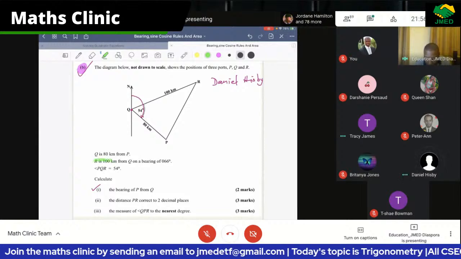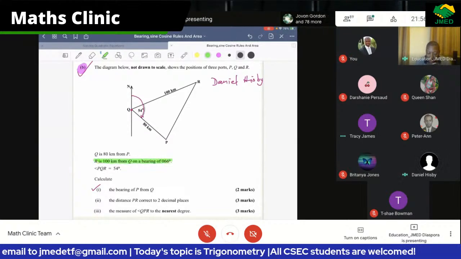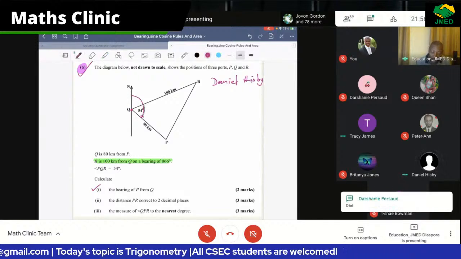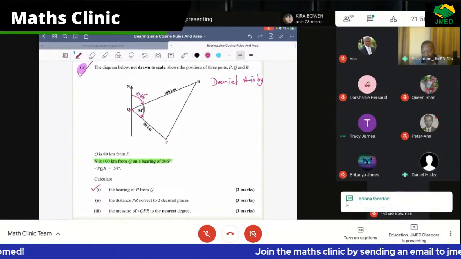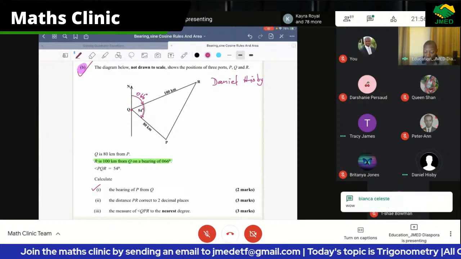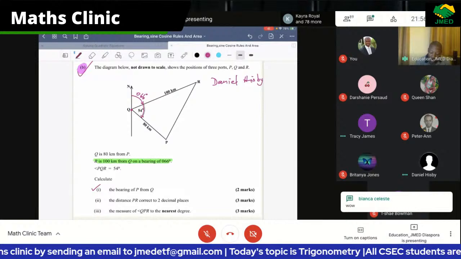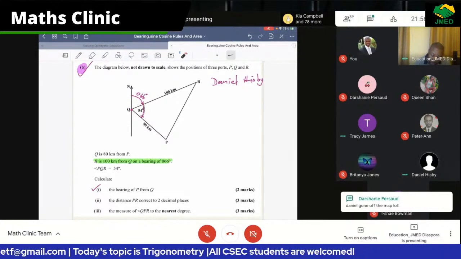That R is 100 kilometers from Q on a bearing of 066. So they're saying that here is 066 degrees to this point here. Did you see that? No, I didn't read it. Yeah, it's important that you read that, okay? So in other words, the bearing of P from Q would be all of this.